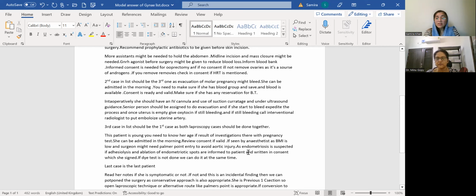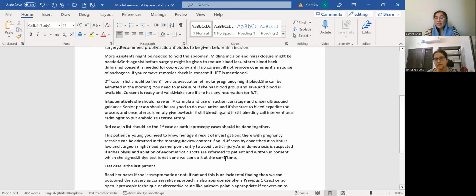And if it is not taken, then when the patient comes, it is better to talk about it before going for surgery. There are two possibilities: maybe you don't find anything, she needs to know also, or maybe you find adhesiolysis. So there should be a consent, because you cannot do it unless there is a consent.